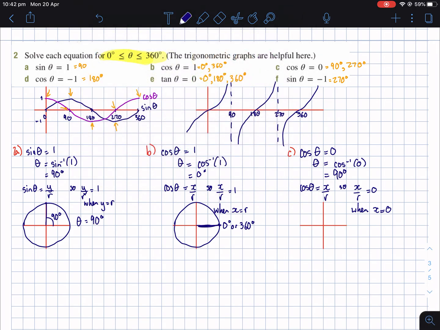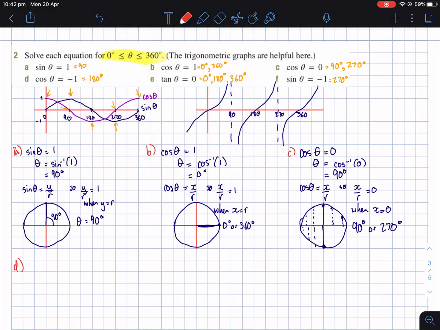Because x will only be 0 if we're on this circle and we're tracing points around the circle, like here, x is more than 0. Here, x is more than 0. Here, x is exactly 0, and here, x is exactly 0. But here, x isn't 0, not here, not here. Like it's here and here. So we've got 90 degrees or 270 degrees.